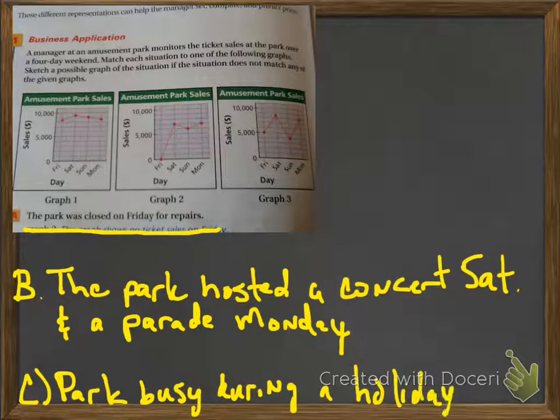Okay, so what I would do there is say, the park hosted a concert Saturday and a parade on Monday. Do I think they would actually get more sales during those 2 days? Maybe. So let's say that one is 3. The park was busy during a holiday weekend. I would think that would mean I'm going to have good sales throughout the whole weekend, even best sales on Saturday, but all of them are going to be kind of high, and that would make me think of 1. Okay, so you see how easy some of this should be. Like I said, this section is super, super easy.